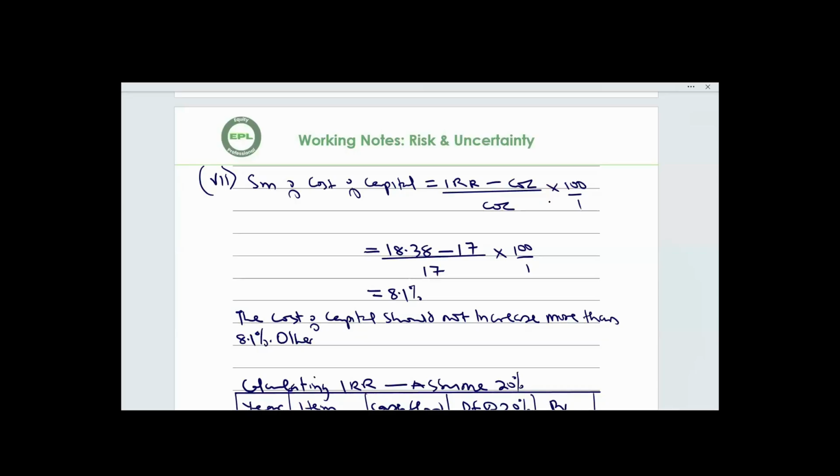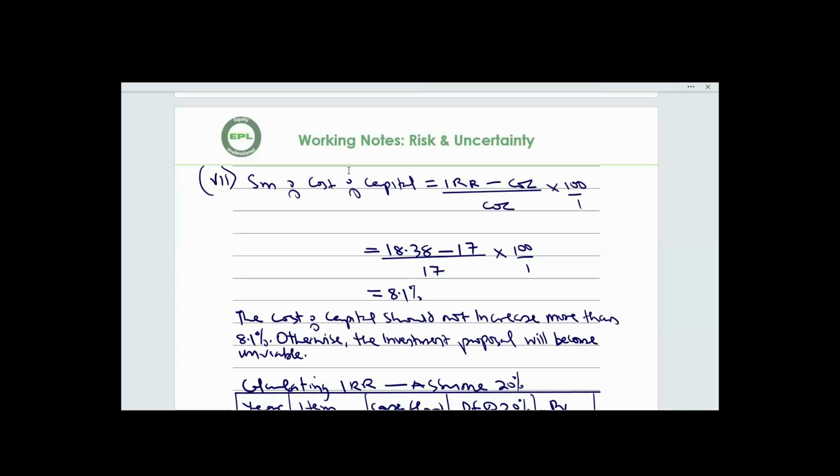Otherwise, the investment proposal will not be accepted or will become unviable. So that's the end of the question. Let me know if you have any question for me before we move to another one.